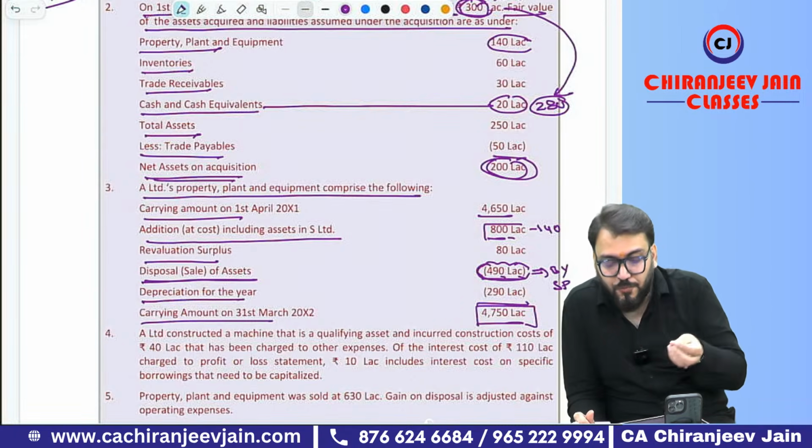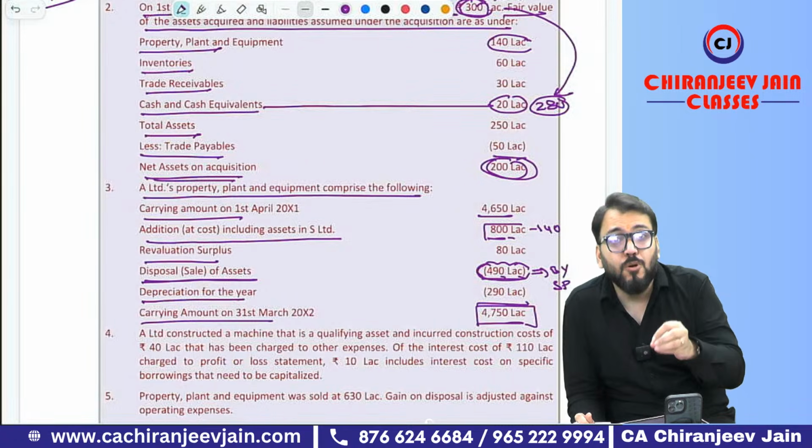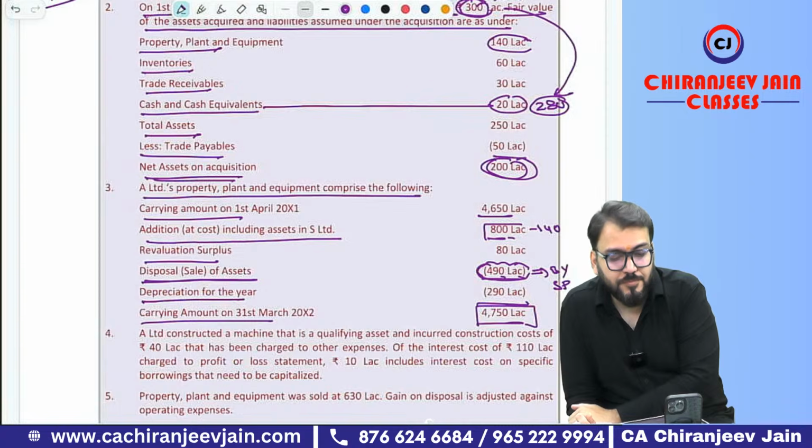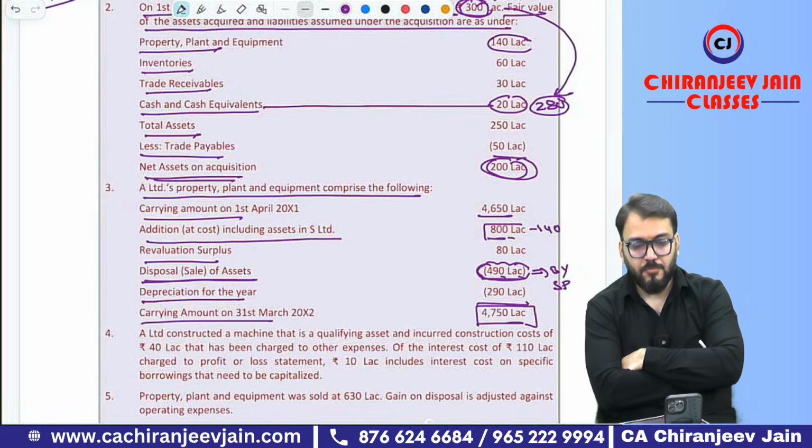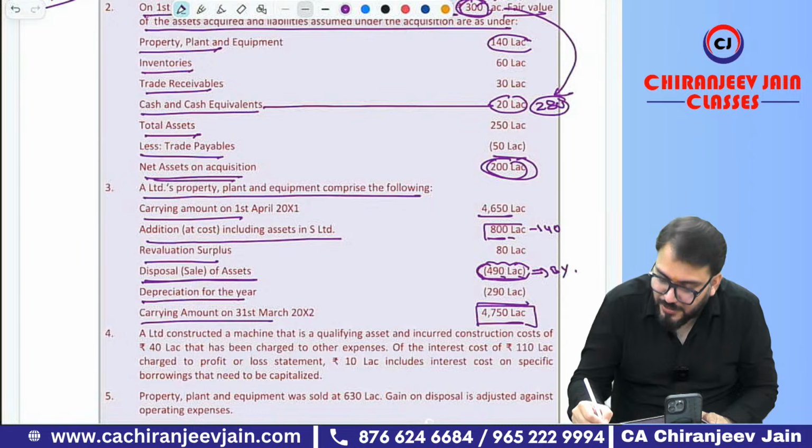Whatever 490 is deducted from PP, is this the book value of asset sold or the sale price of asset sold? Very good. Excellent. So you are not making a mistake here. It is the book value of asset sold.